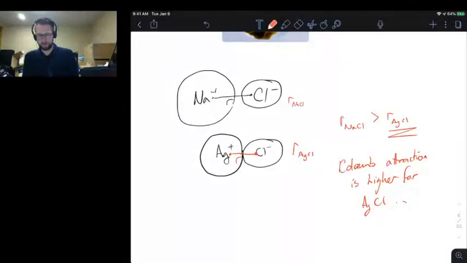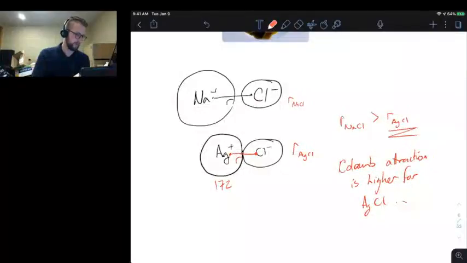Silver ionic radius. What do we got? 172. Okay, here's gonna go. 172. And sodium ionic radius. Yes. Oh, doesn't that feel good when it pays off? I made a bold call, and it worked out.